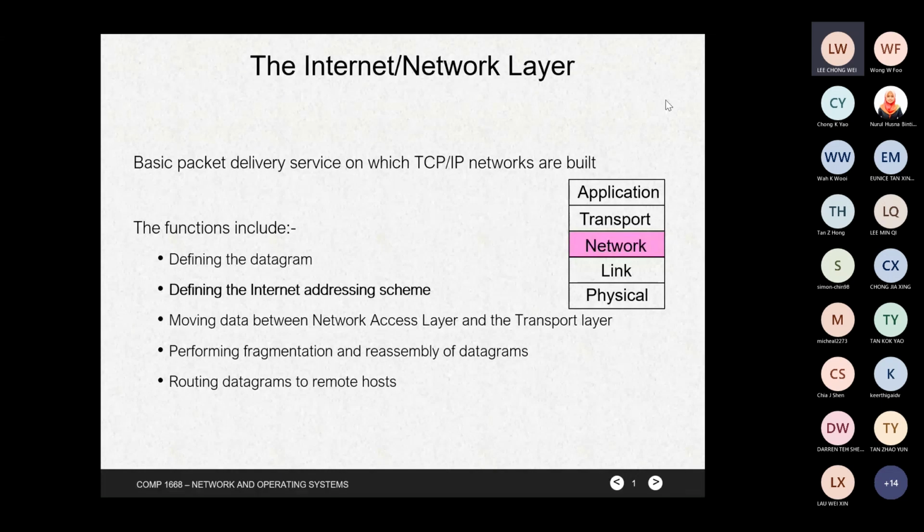And then we also look at how data is being moved between the network access layer and the transport layer, the layer next in the higher ranking after the network layer. And also we will look into fragmentation and reassembly of datagrams. And the almost last topic is the routing of datagrams to remote hosts.